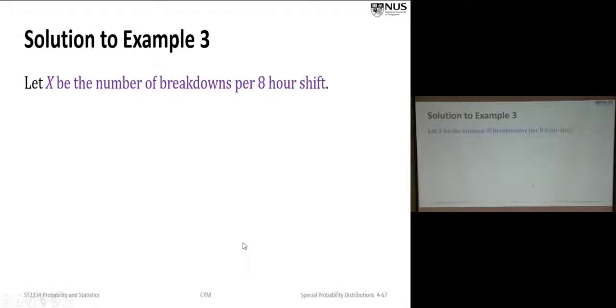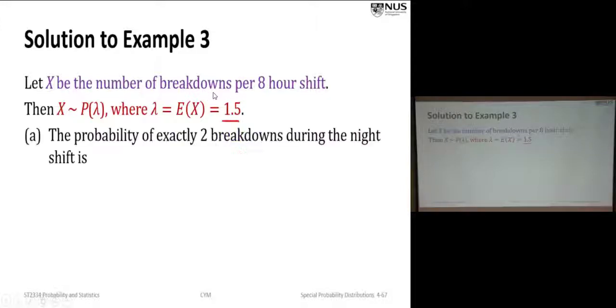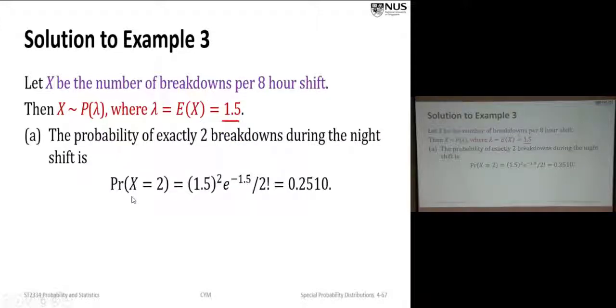Let x represent the number of breakdowns per 8-hour shift. So x follows a Poisson distribution with parameter lambda, where lambda equals 1.5. The probability x equals 2 is lambda to the power x times e to the power minus lambda over 2 factorial. So this is the answer.